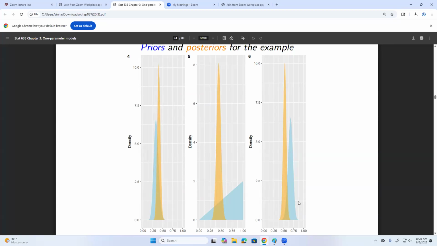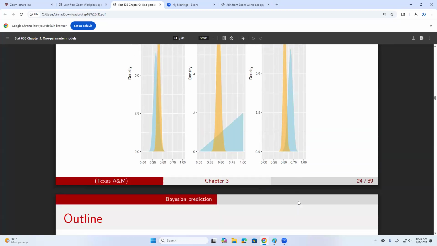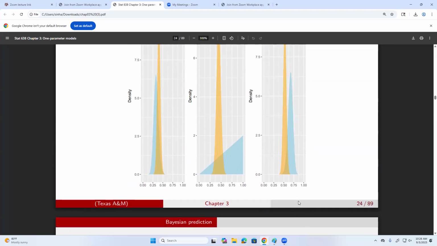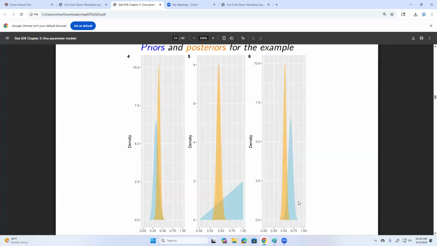So what is the learning from this experiment? The learning message is, if you have enough data, then you do not need to use a very strong prior. A strong prior means a prior with a very small variance. Okay.